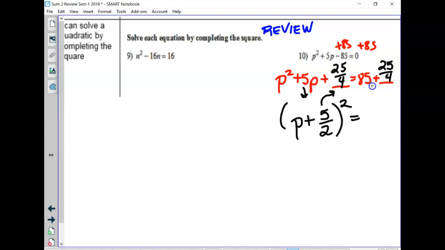Now what we need to do is add these together on the right-hand side and make it into a fraction. Let's see how this calculator works. If we type 85 plus 25 divided by 4, I got 91.25. Now, I believe there's a fraction button that will turn it into a fraction.